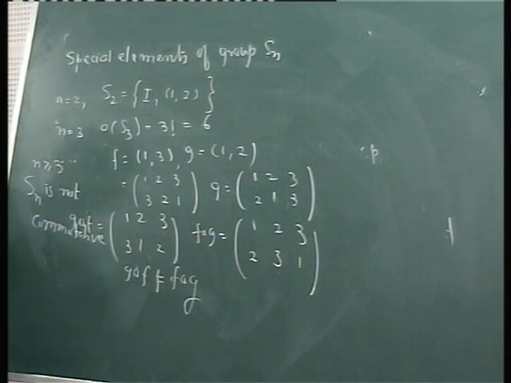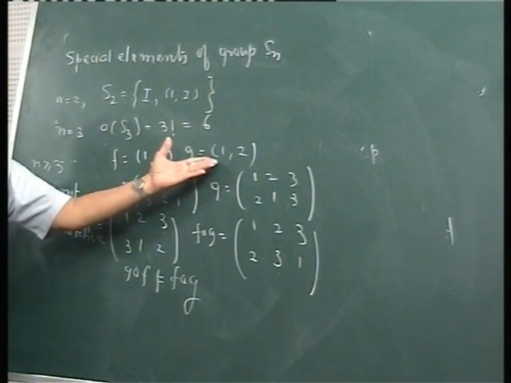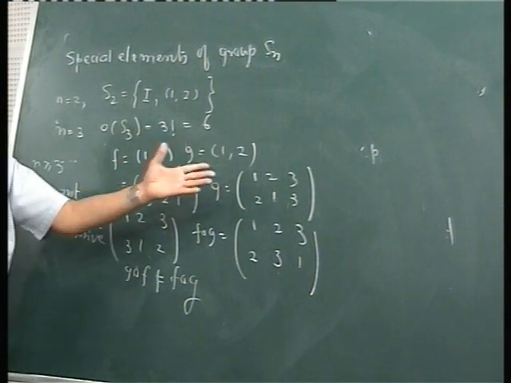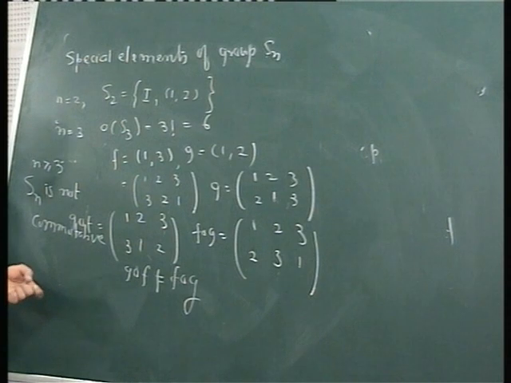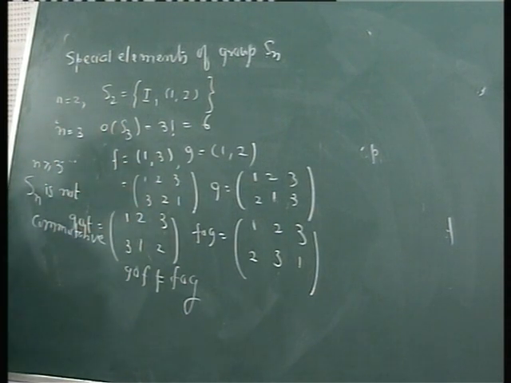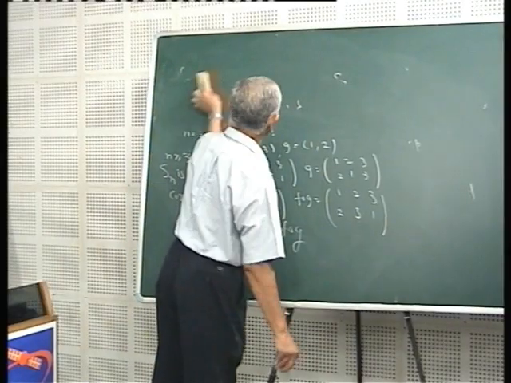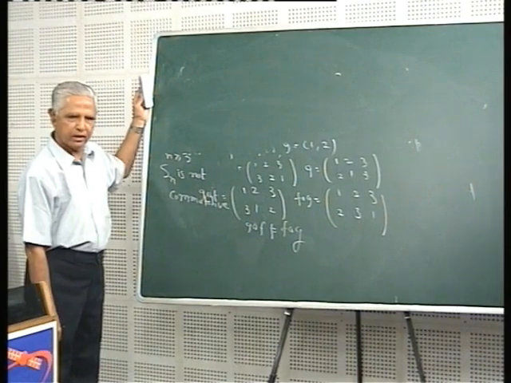Now one thing more. Here we have taken very special 2-cycles, two transpositions, and still they are not commutative. It seems that we have to put some conditions to get the commutativity of the cycles. And we have one theorem, but before we prove that theorem, we define one terminology.